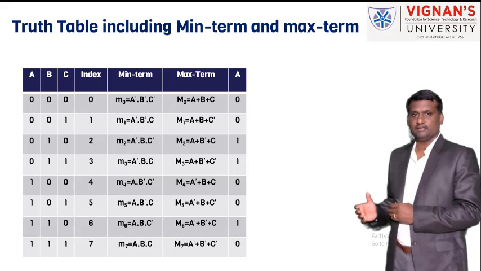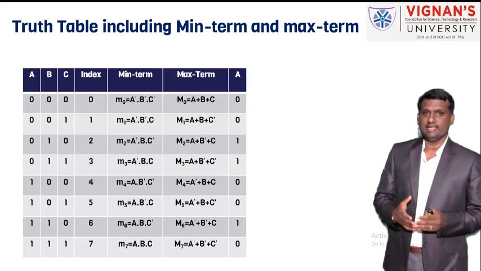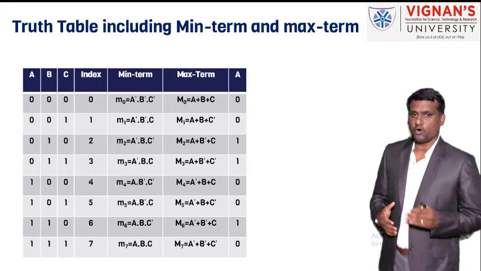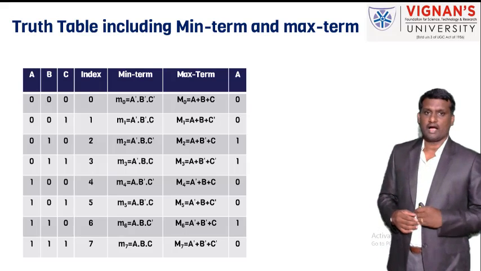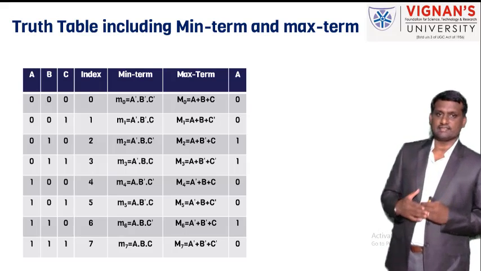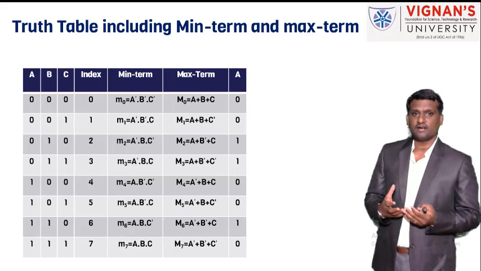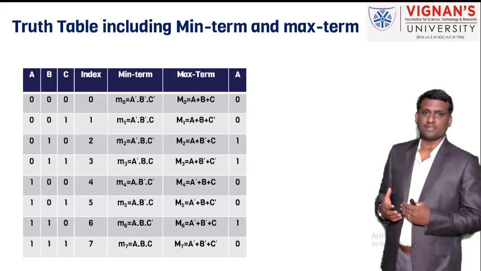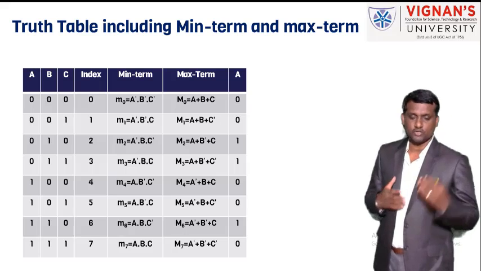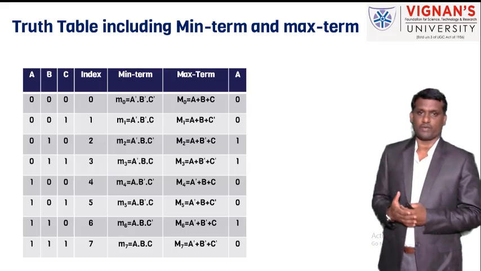So if you observe the last column A, that is called the output column. On that output column, we have considered some terms with output 0, some terms with output 1.